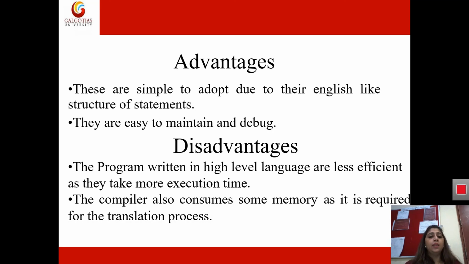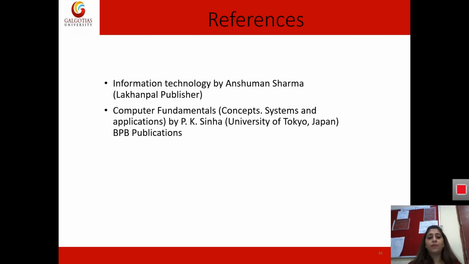We need some devices for the translation purposes. Compiler is one example, interpreter is another. These compilers and interpreters need time for the translation, and that is why the time required for processing these instructions is quite high as compared to what we used to do in the low level languages.